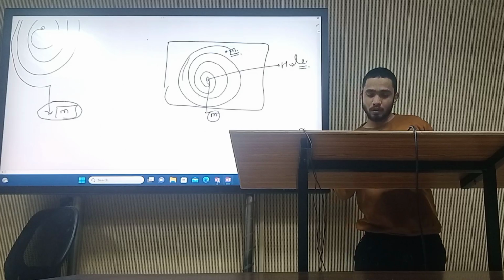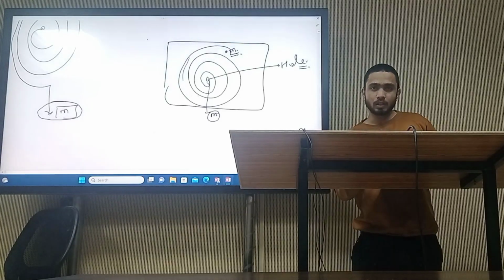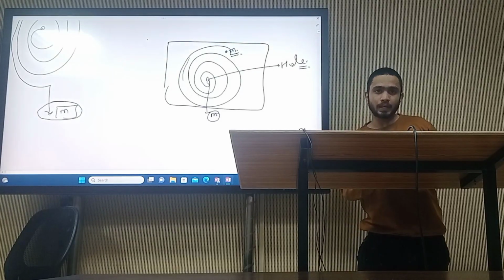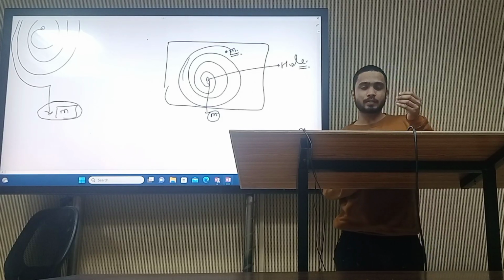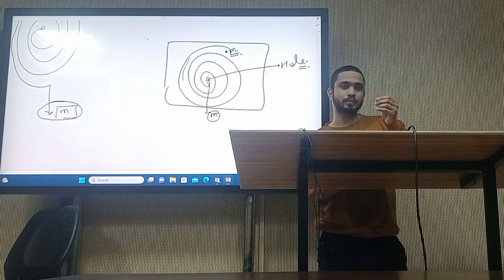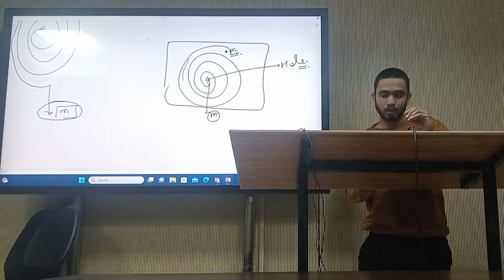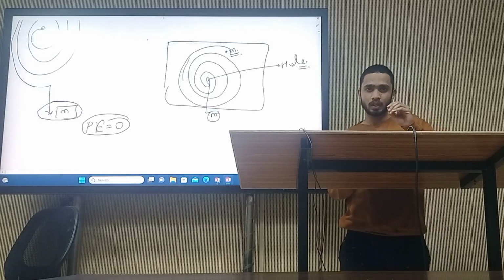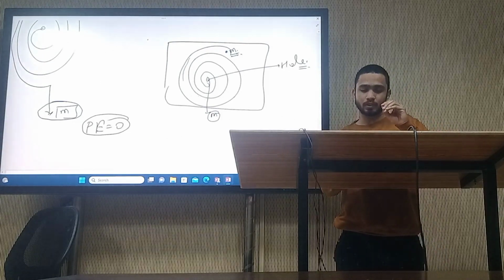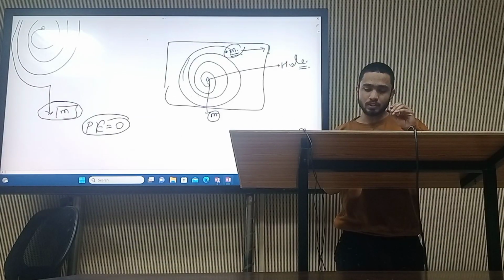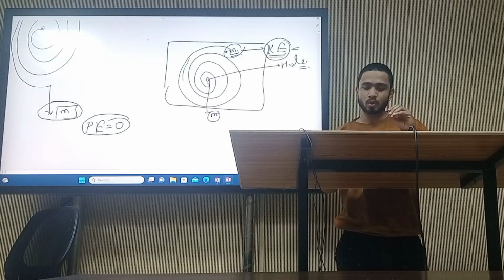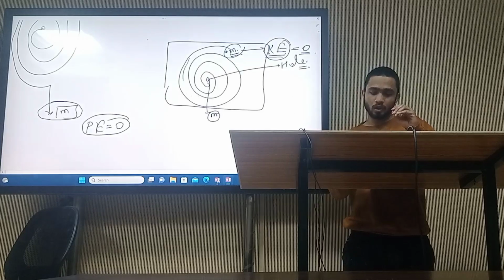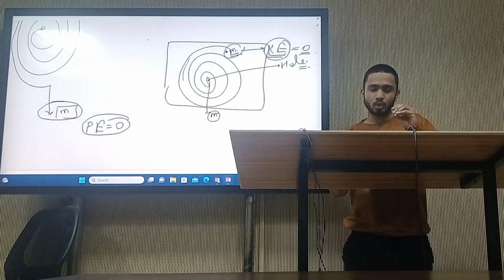So analyze the situation. At the instant when the particle of mass m is released, exactly above the disk, it will have a potential energy of 0 and a kinetic energy of 0.